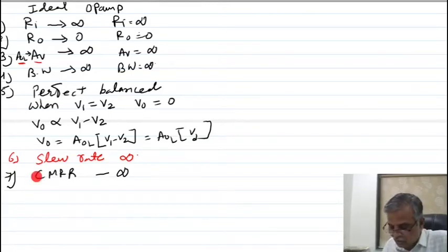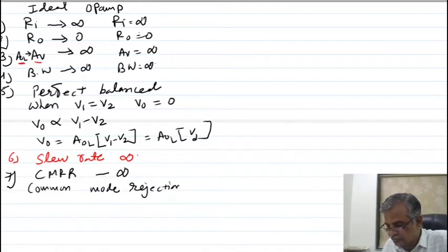CMRR means common mode rejection ratio. It is called common mode rejection ratio. This is a very important parameter of an op-amp.